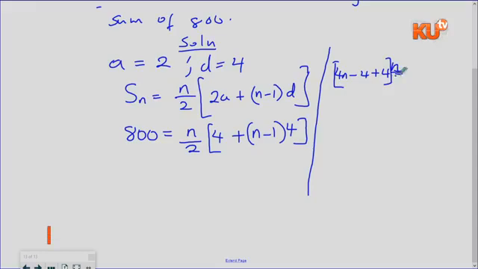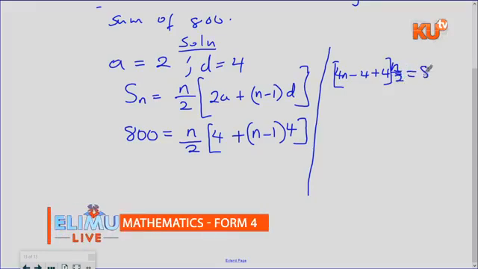N over 2 is equal to 800. Then 4 minus 4 should be 0. And so we have 4n times n over 2 gives us 4n squared over 4 is equal to... I multiply 800 by 2, that is 1600. Then we divide this by 4.